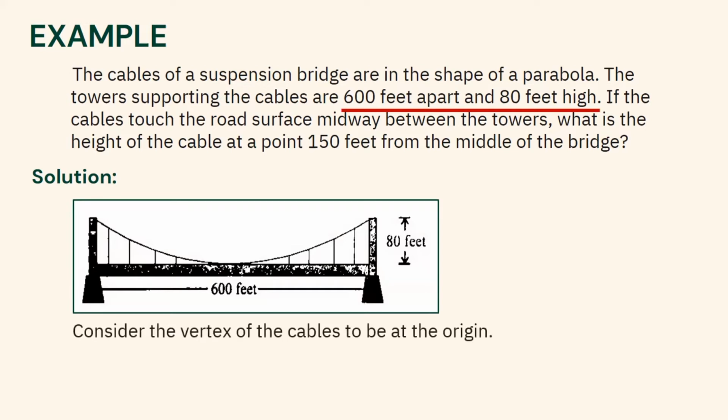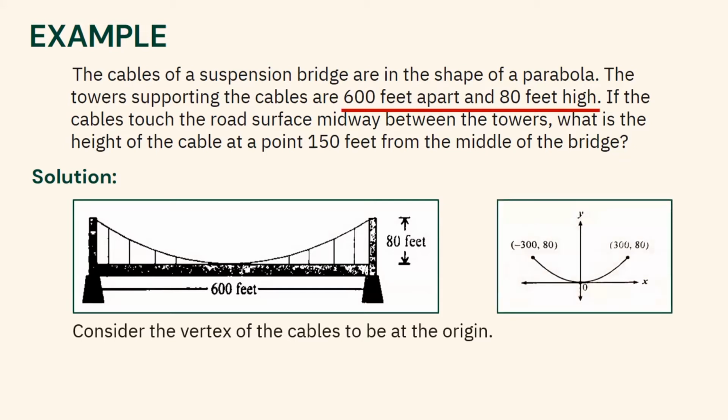Considering the vertex of the cables to be at the origin, we can have this figure where points (-300, 80) and (300, 80) are both on the parabola and satisfy the distance between the towers and their height.